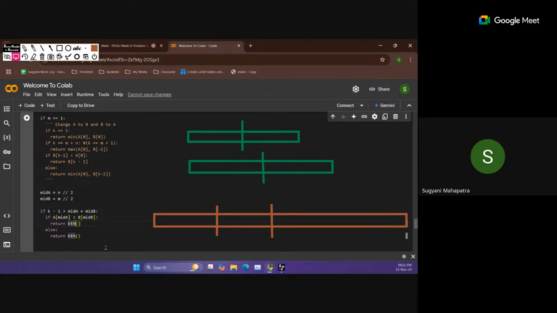So what happens if the middle of A, this is the middle of A, and the middle of B, the middle of A value is less than the middle of B value? This one is middle of A, this one is middle of B. So what lies after this?